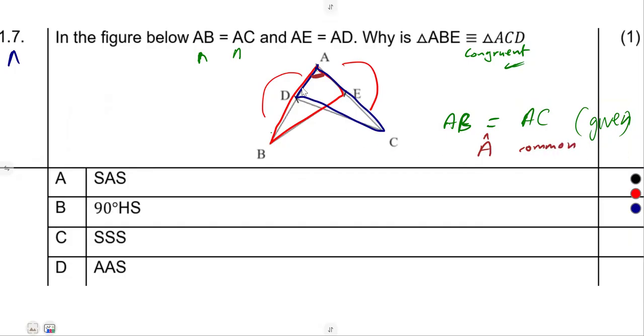Before we move to the sides that is AE being equal to AD given there. This one we are already given. Before we move to that, there is a common angle A there. So meaning to say, we can say these two, they are congruent because it's going to be side, angle, side. Side, angle, side. So we have got that one on A, side, angle, side. We cannot use 90. We cannot have side, side, side. No, we cannot have angle, angle.